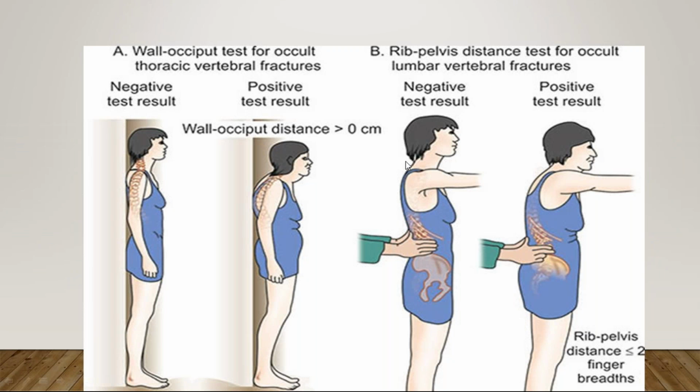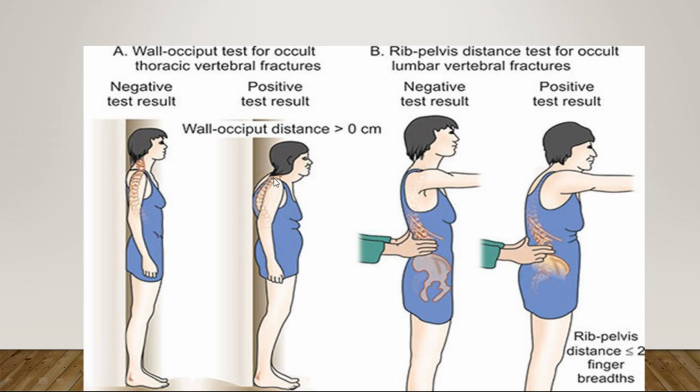What will you examine in osteoporosis patients? This is the first test, that is the wall occiput test. In this test, we ask the patient to stand straight against the wall, with heels touching the wall. Heel, calf muscles, buttocks, scapular region and head should normally touch the wall. But in osteoporosis patients, due to vertebral body fracture, they have kyphotic deformity.